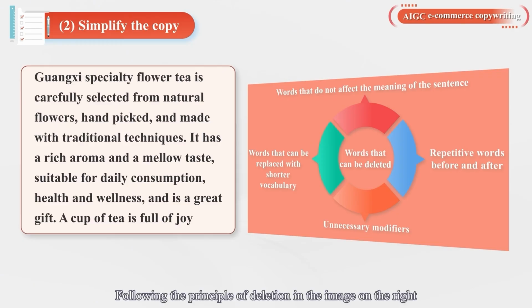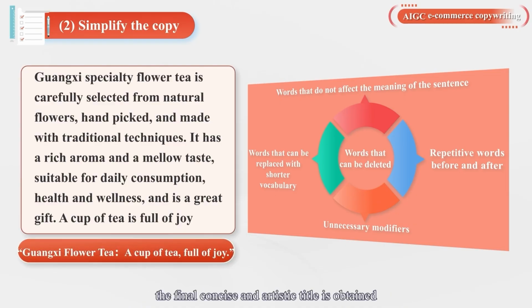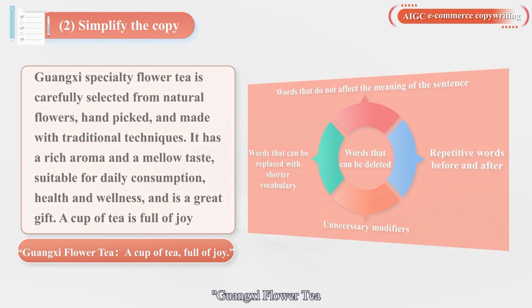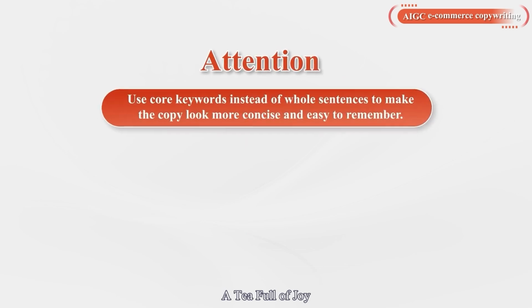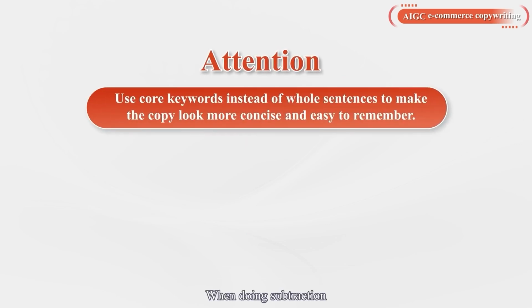Following the principle of deletion in the image on the right, the final concise and artistic title is obtained: Guangxi flower tea, a tea full of joy. When doing subtraction, try to use core keywords that can reflect the characteristics of the product instead of the entire sentence, making the copy look more concise and easy to remember.